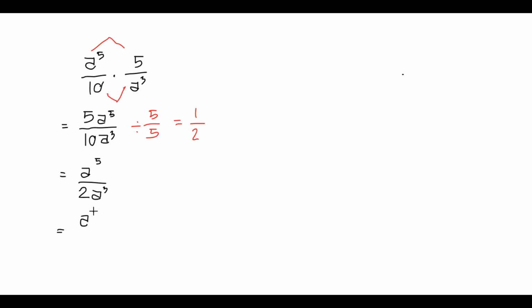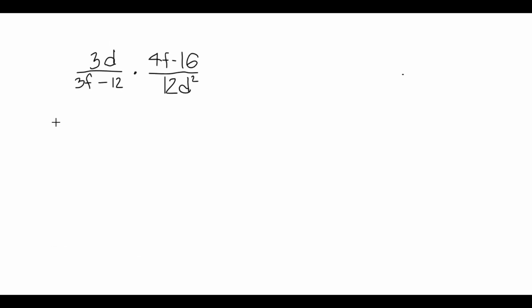So the numerator becomes a squared divided by 2. Our final answer is a squared divided by 2, or sometimes written as 1/2 times a squared.